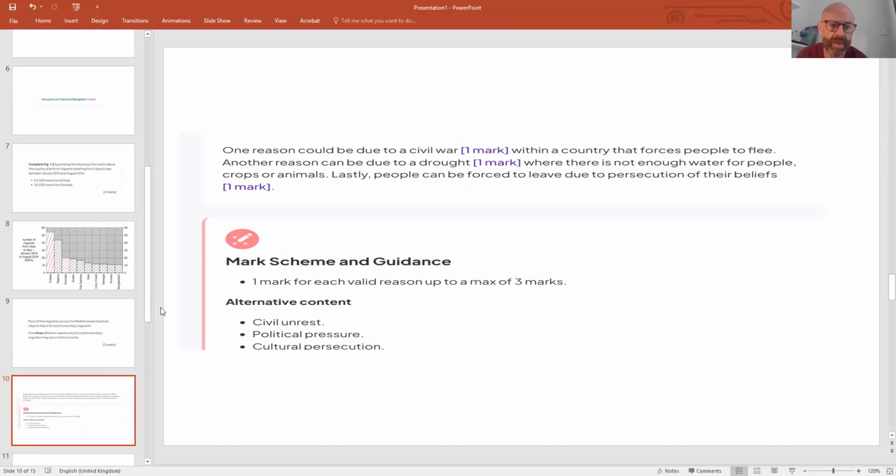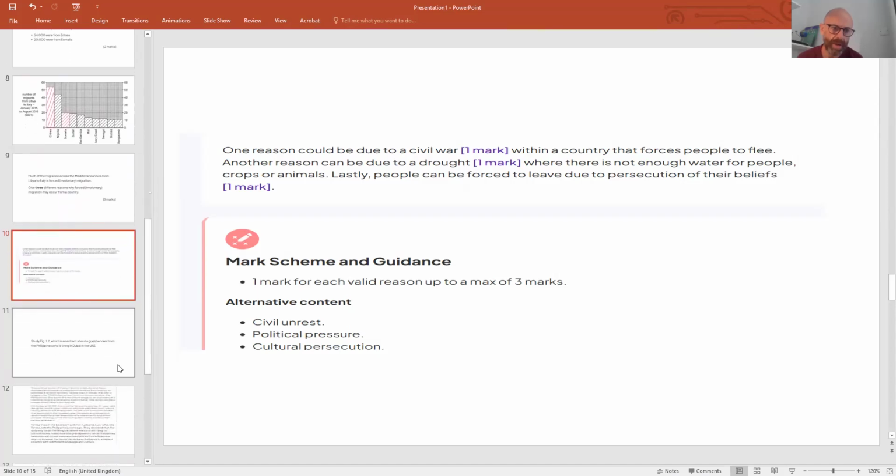There could be lots of reasons, and these are generic. You could be asked about any country in the world, and the same 10 generic reasons would apply. Better if false because of war, because don't forget this is not voluntary migration, so it's not better opportunities, better education. That's voluntary. It's forced. So it's persecution, war, starvation. It's the things that force you to move.